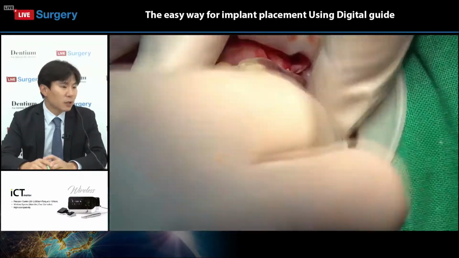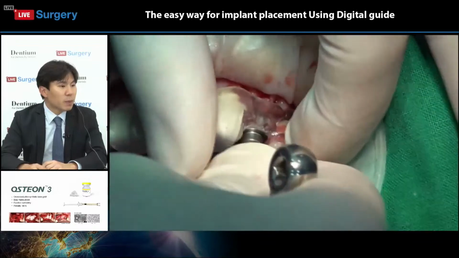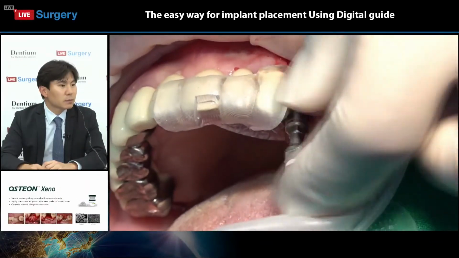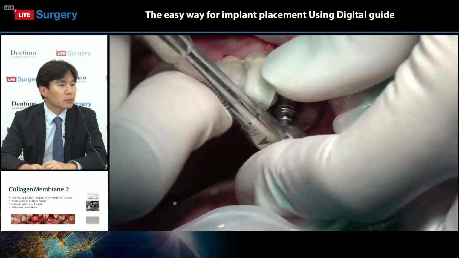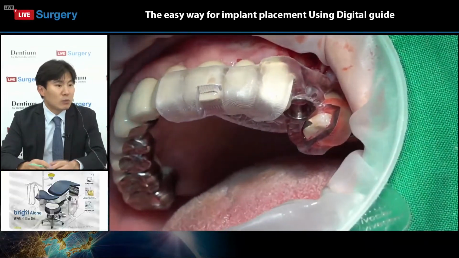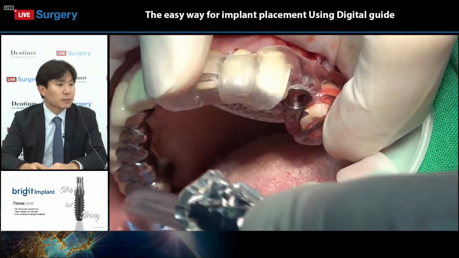He is struggling to remove the connecting part. Sometimes it takes time to remove the instrument from the surgical guide.